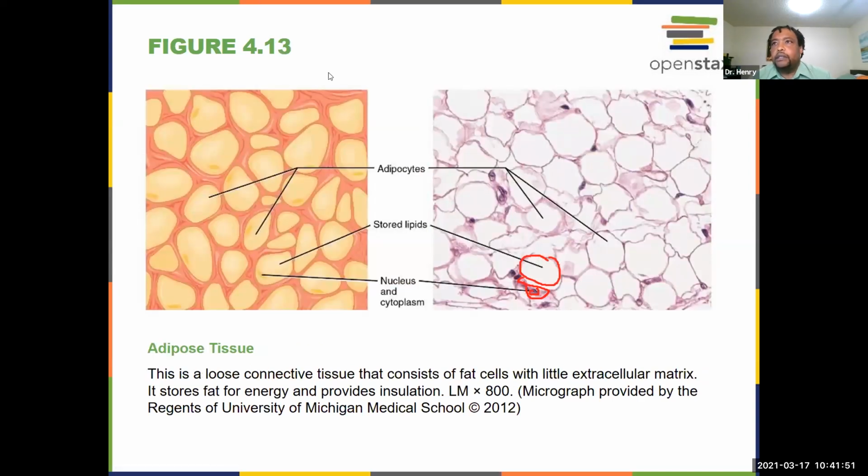Here, you don't have those components. This one is loose and has very little extracellular matrix. Mostly what you see is the fat, very little cytosol or cytoplasm, and then, of course, your nucleus.